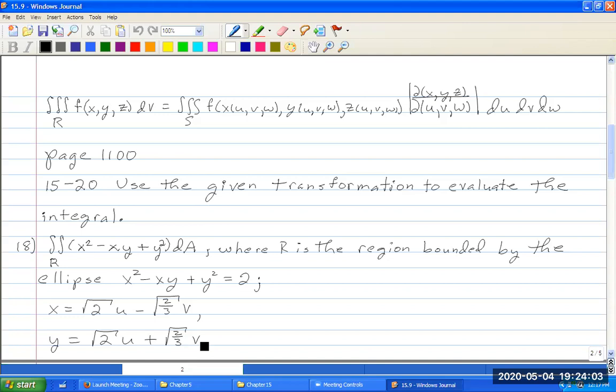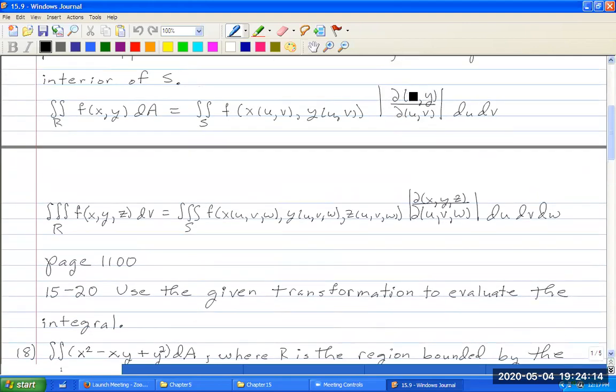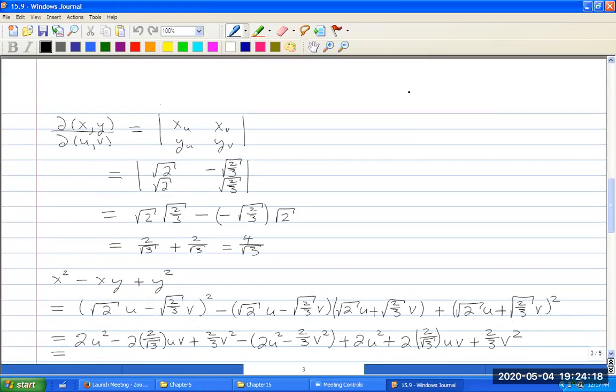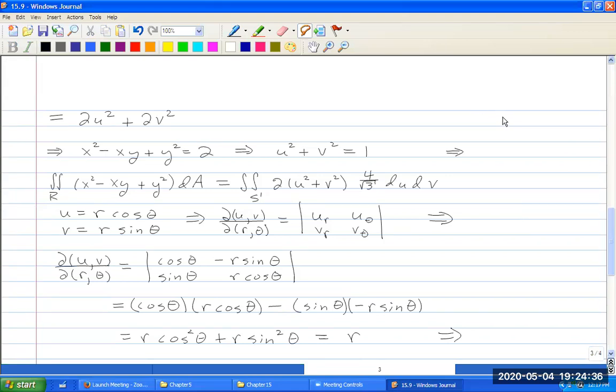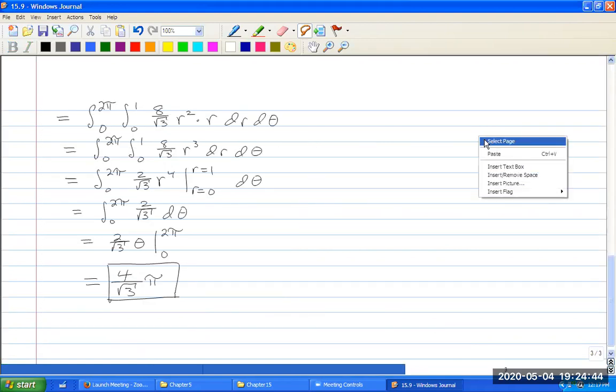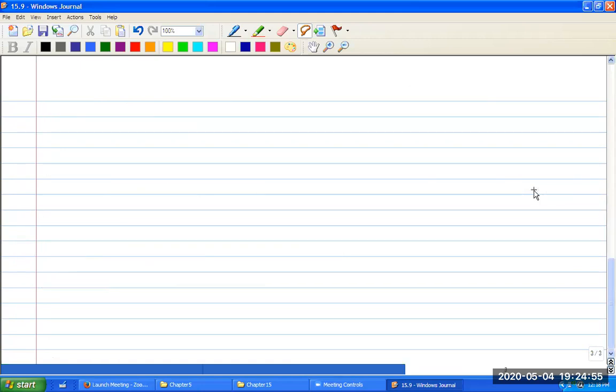Okay, so let's do this. So first off, let's try to figure out what the Jacobian is. So let's figure out the Jacobian.